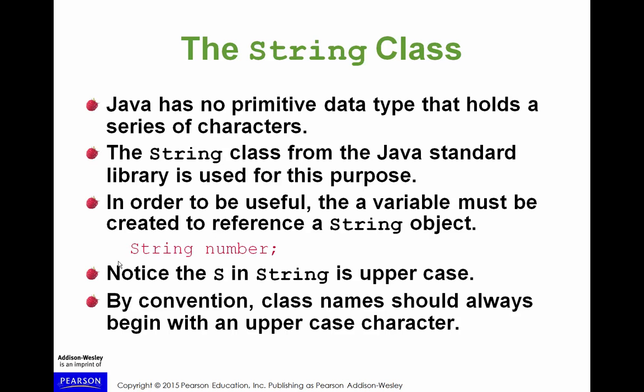When you see a declaration, there are two parts of it here. We have the type, and then we have the variable. The variable is created, and it's created as a certain type. In this case, a variable named number is created, and it is a string. Because string is a class and not a primitive type, it's capitalized just like all classes in Java.